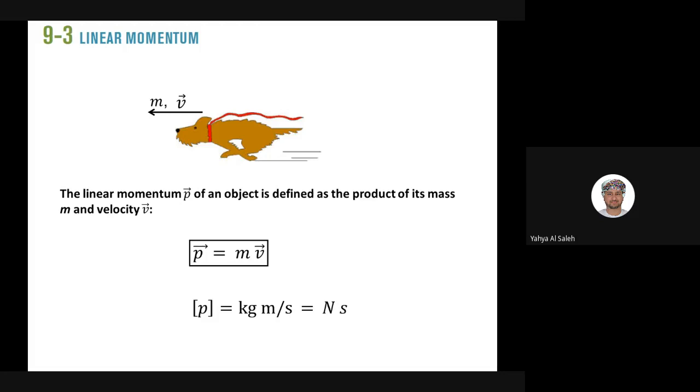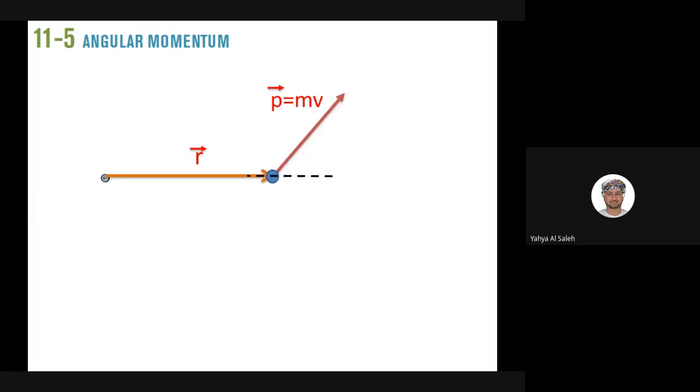As usual, when we translate, the cousin of M is I, the cousin of V is omega. So our momentum is going to be, in translation, I omega instead of MV, and we will give it a new letter. When I have an object going in a circle, it has a momentum P equals MV in one specific direction at some angle phi.